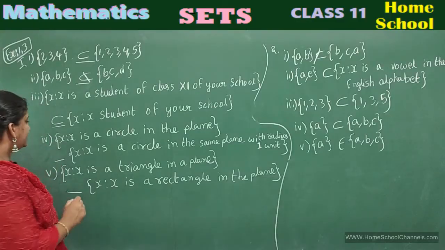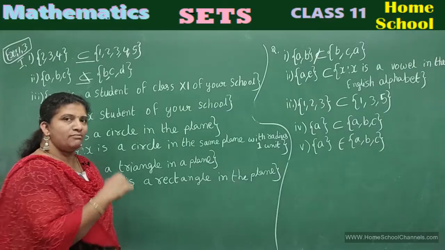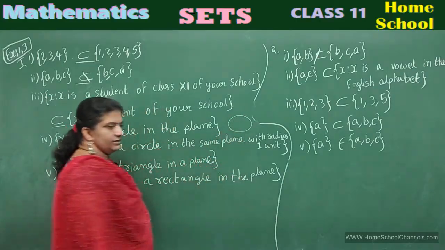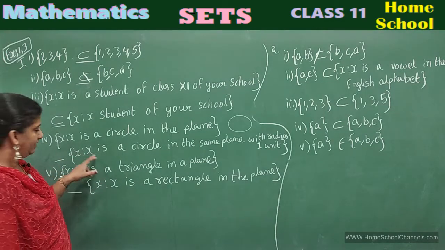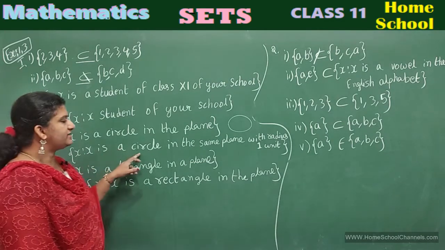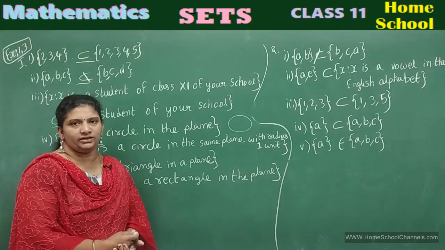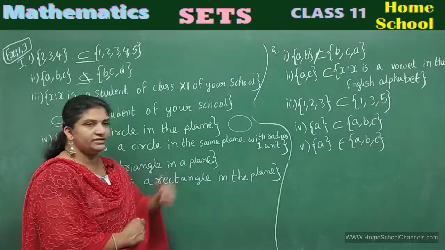Fourth one, {x such that x is a circle in the plane}. Okay, imagine a circle in a plane. Let me draw a circle. One more set, {x such that x is a circle in the same plane with radius 1 unit}. See here, with the radius 1 unit specified in this set.